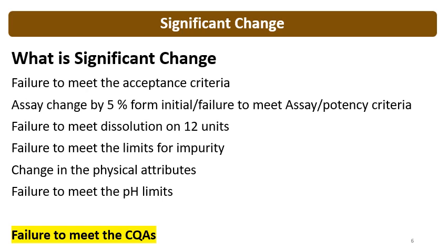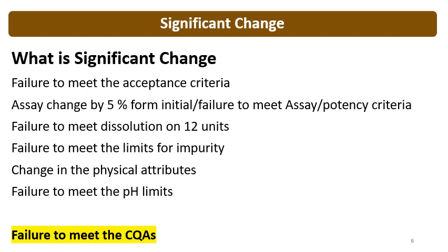But still, if the impurity specification is given, for example, as 0.2% and you found impurity at accelerated condition like 0.3%, that time it will not be a significant change. You will go to test the intermediate condition samples.